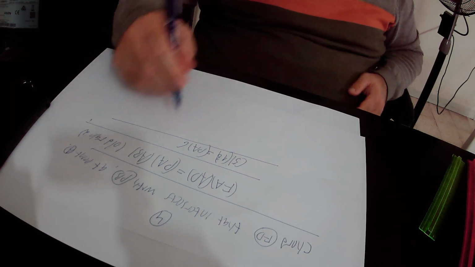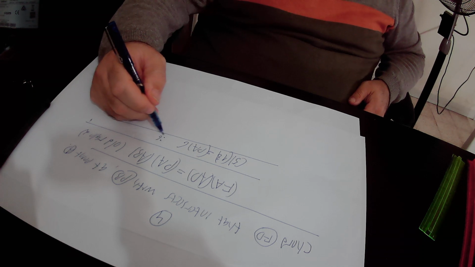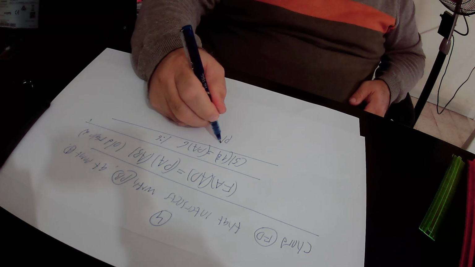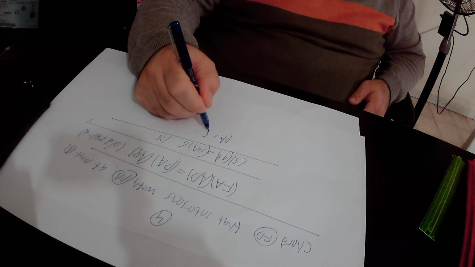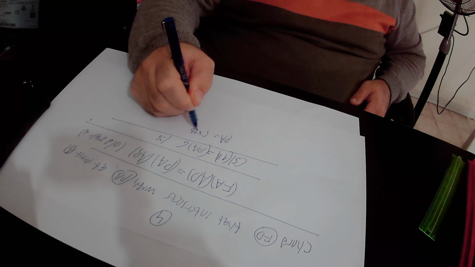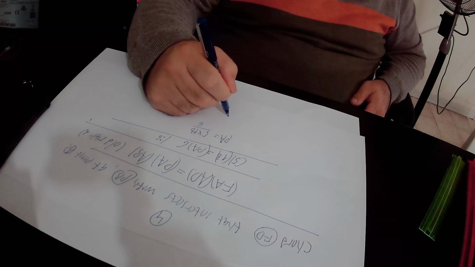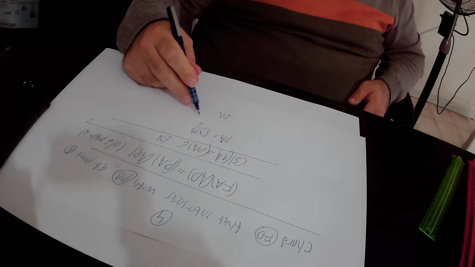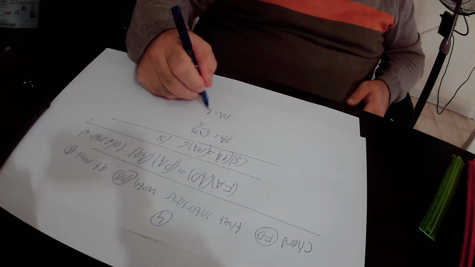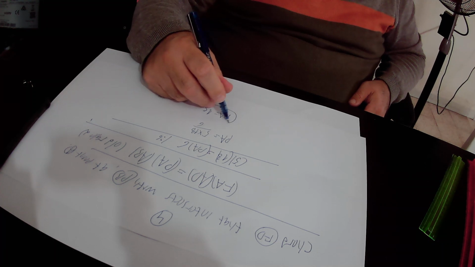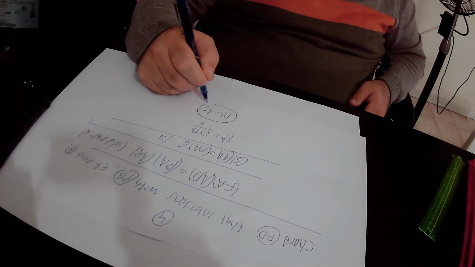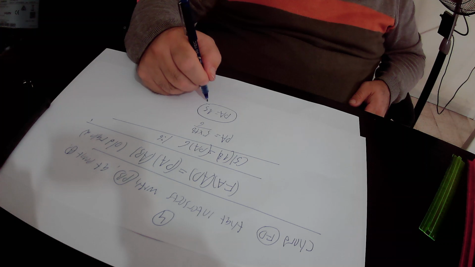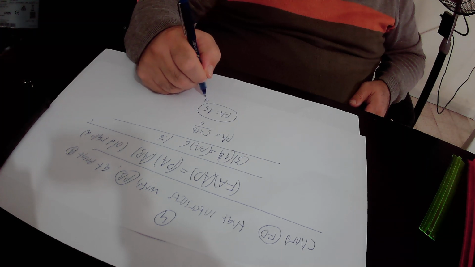Here we divide by 6, and we get that PA equals 5 times 18 over 6. So PA equals 18 over 6 is 3, and 3 times 5 is 15. So the missing line segment equals 15 units.